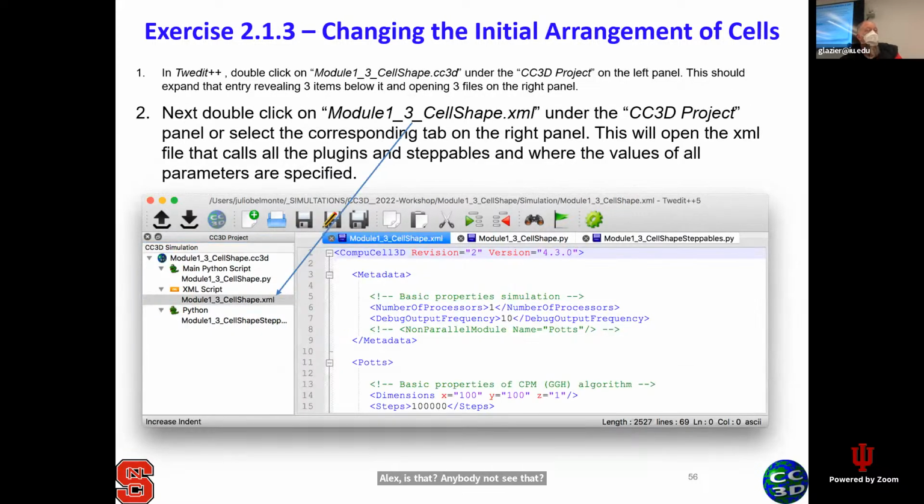All right. So now we're going to change the initial arrangement of our cells. Double click or select the tab for the XML module, whatever your file name is, .xml. Open that one. And it'll say CompuCell 3D revision something, version something. And you can see that when this slide was written, it was a while ago, it was CompuCell version 4.3.0.2.